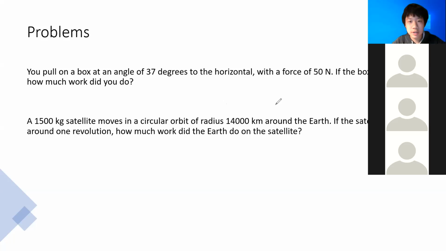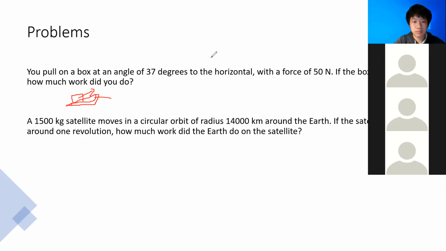Okay, so for the first problem, we're going to have Tyler explain the answer. So go ahead. This one, you just input the values again. So you have an incline at 37 degrees, and you have this box that you're pulling upwards.